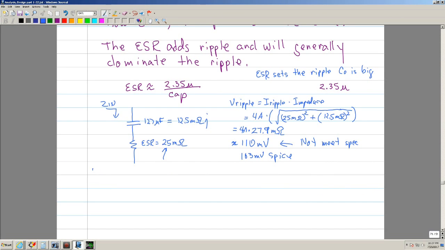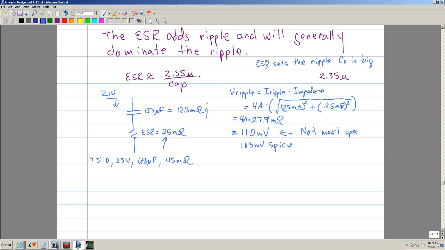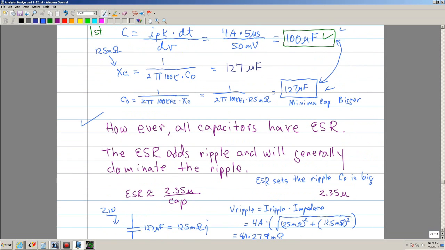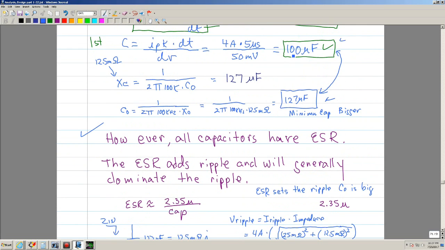So there's a T510 capacitor at 25 volts that is 68 microfarad, and it has 45 milliohms. This value is pretty close to what we had calculated of 100 or 125.